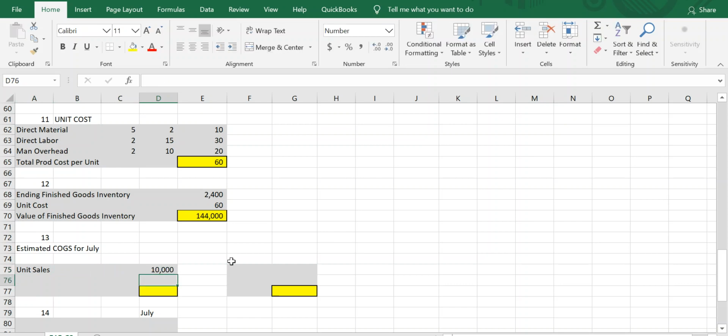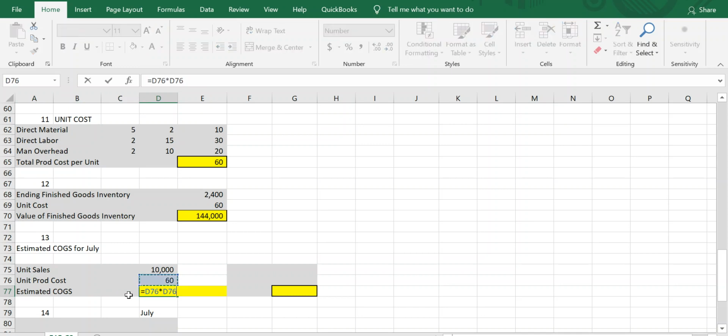And we're going to have a unit cost for those sales of $60 that we calculated right here, remember? So we have unit product cost. So our total estimated cost of goods sold is going to be $60 times 10,000 units, or $600,000. Okay?